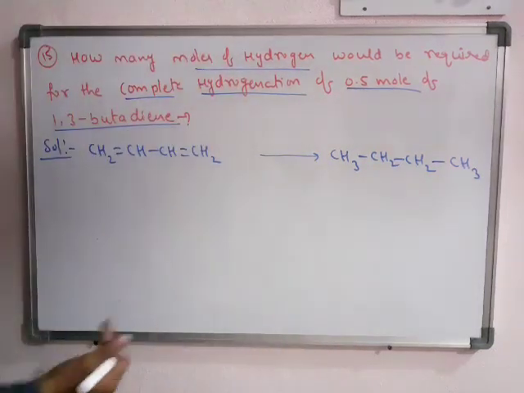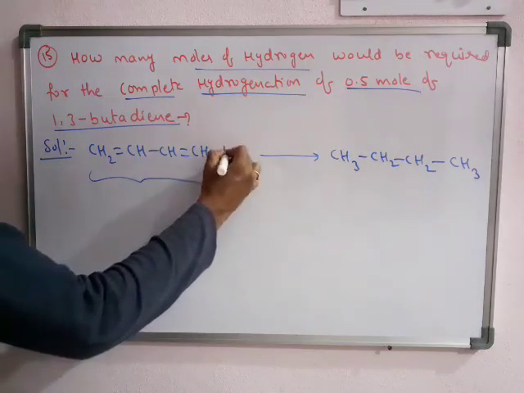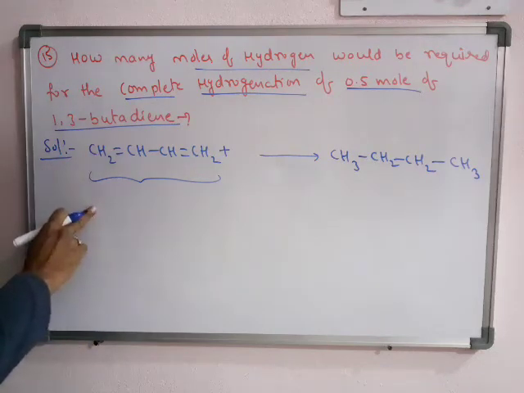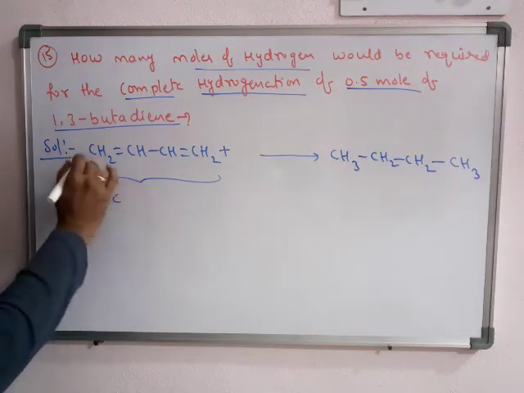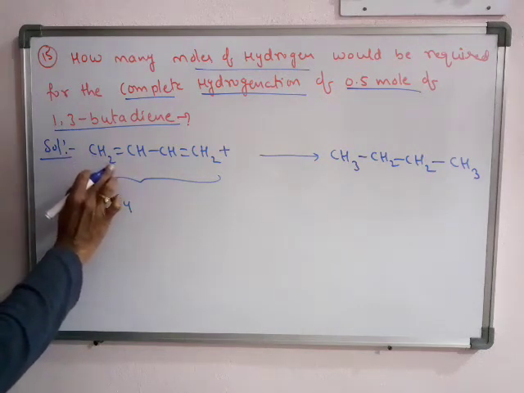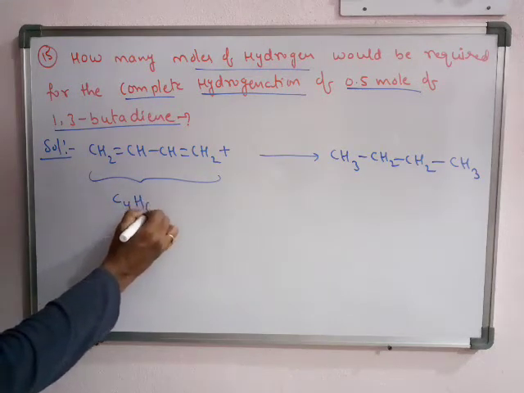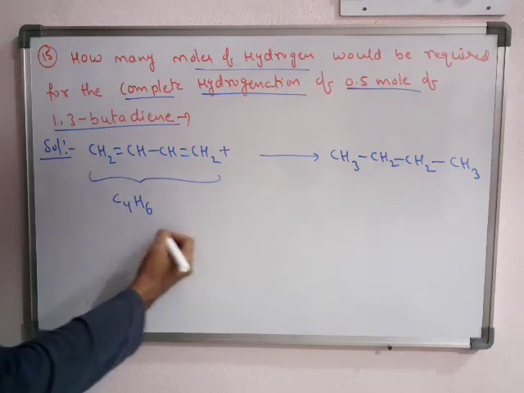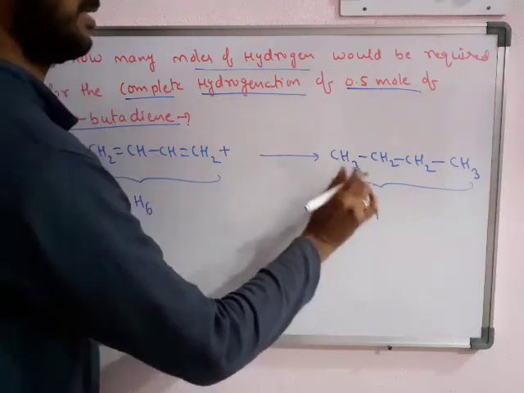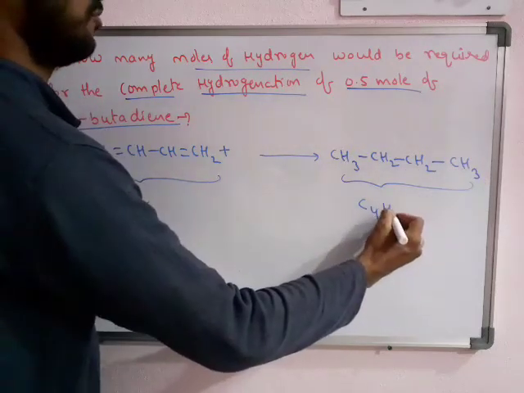So how many hydrogens become extra? That much hydrogen should be required. We calculate for 1 mole. What is the formula? 4 carbons and 6 hydrogens, so C4H6. After hydrogenation it becomes C4H10.